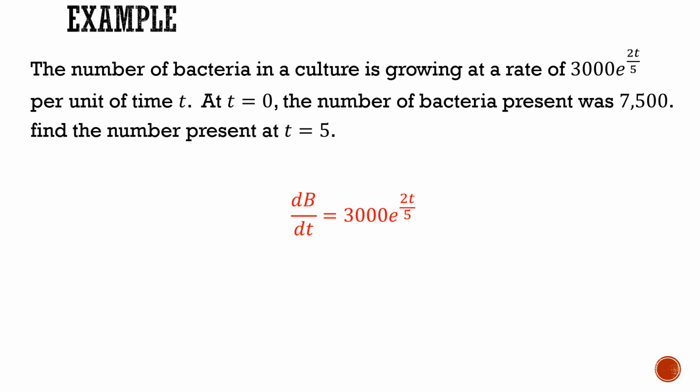I'll solve this like a differential equation: multiply both sides by dt and integrate both sides to get B equals 7,500 e to the 2t over 5. Now I just plug in t equals 5, and I get B equals 7,500 e squared.